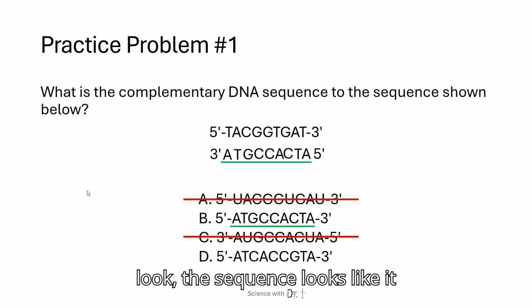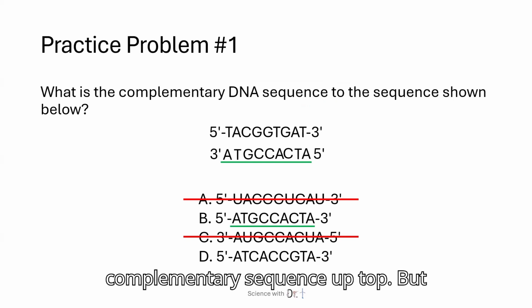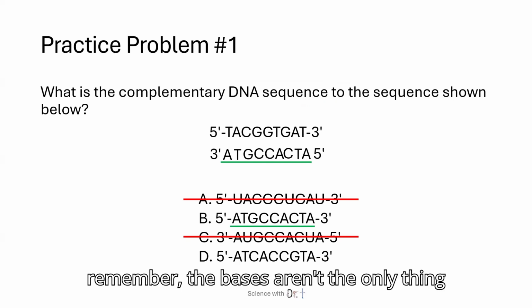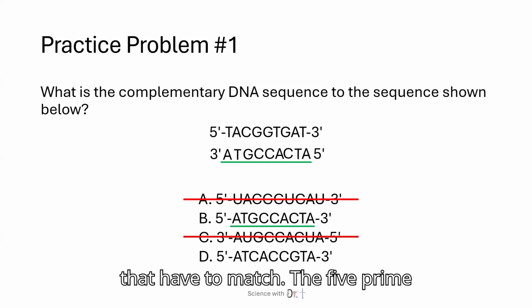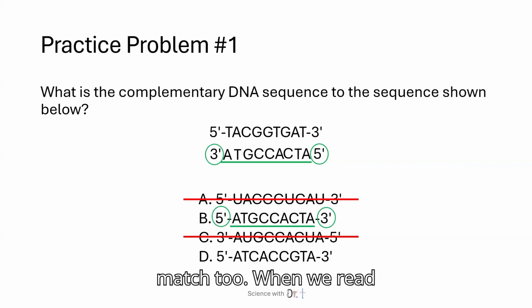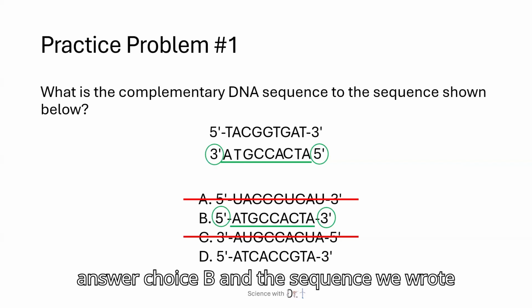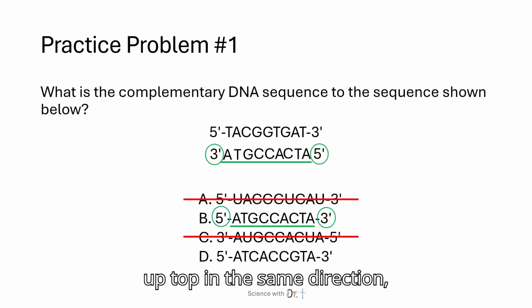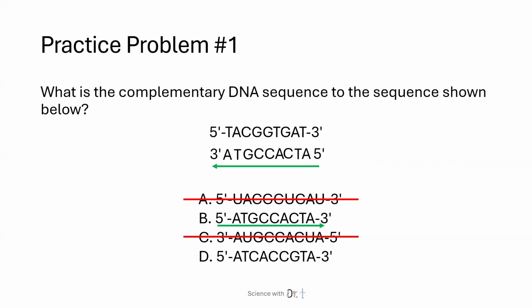At first look, the sequence looks like it matches what we wrote as our complementary sequence up top. But remember, the bases aren't the only thing that have to match. The 5' ends and the 3' ends have to match too. When we read answer choice B and the sequence we wrote up top in the same direction, 5' to 3', the sequences no longer match.